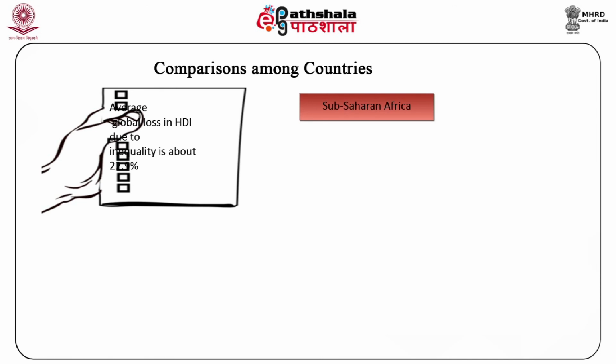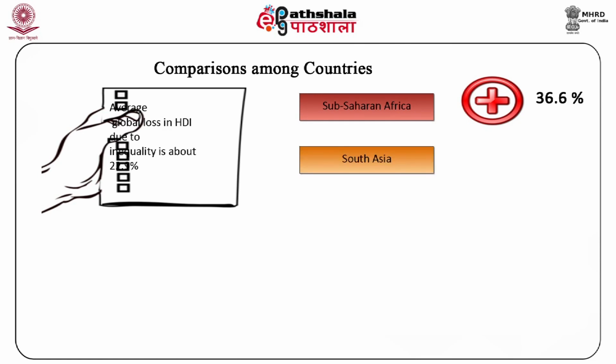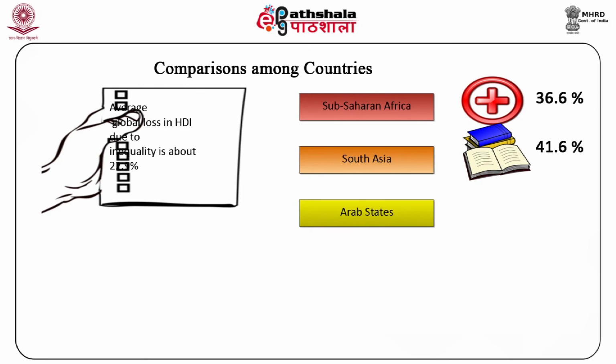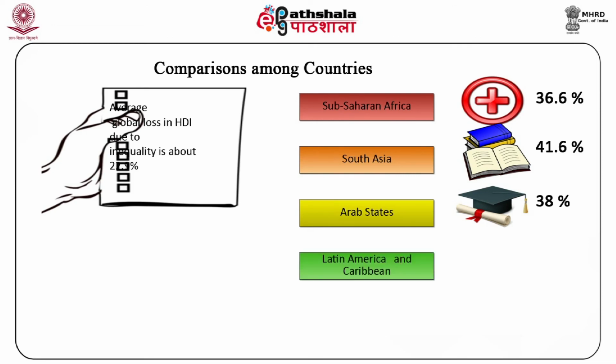Sub Saharan Africa suffers the highest inequality in health, 36.6%, while South Asia has the highest inequality in education, 41.6%. The region of Arab states also has high inequality in education, 38%. Latin America and the Caribbean suffers the largest inequality in income, 36.3%.